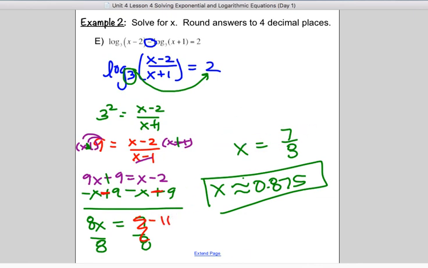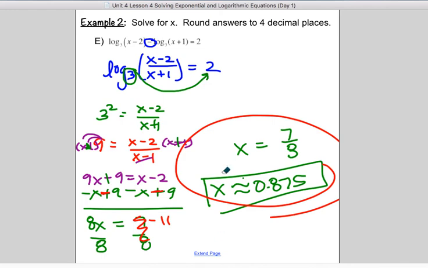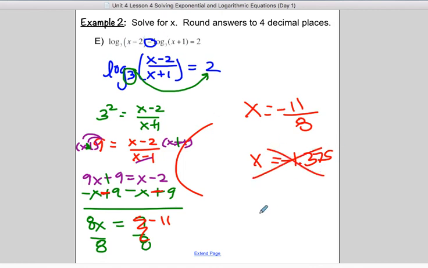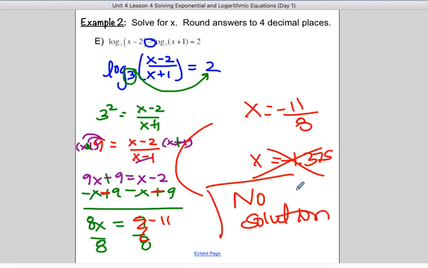So x is equal to negative 11 over 8, which is negative 1.375. So I have a negative, and I would say if I plug it in here, negative 1 something minus 2, it's still negative, so actually this doesn't work. And if there is nothing that works, then it is a no solution. So something to be aware of.